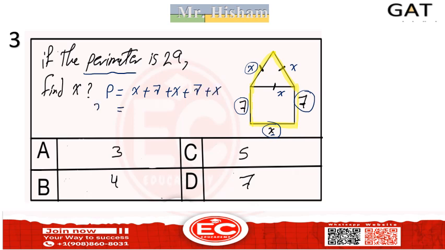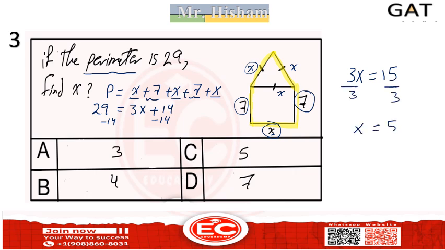This is all equal to 29. x and x and x is 3x. 7 plus 7 is 14. By subtracting 14 from the left and 14 from the right, 3x is equal to 15. Dividing both by 3, x is equal to 5. So the right answer is C.